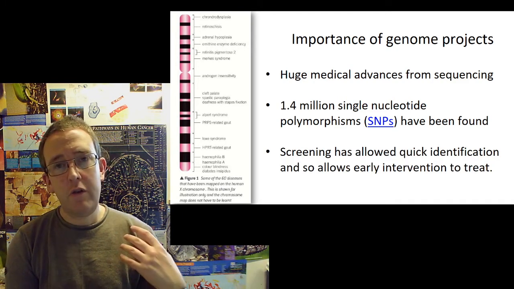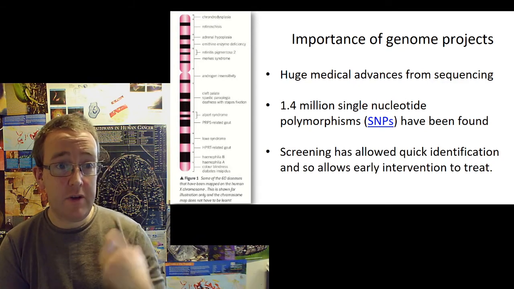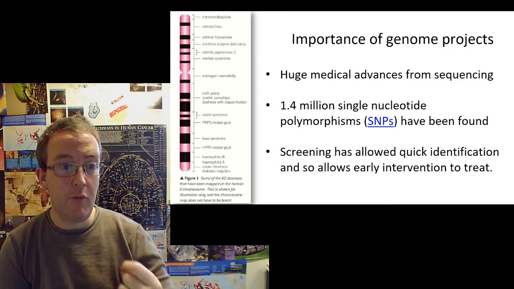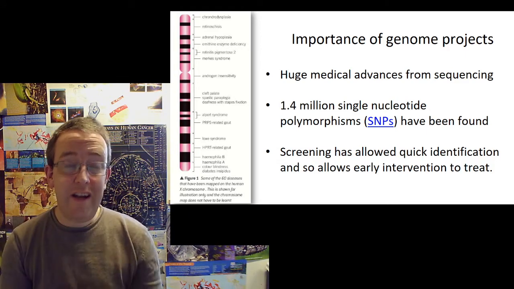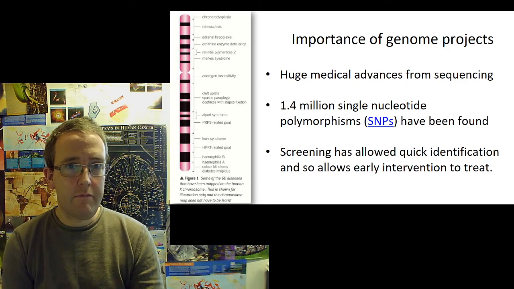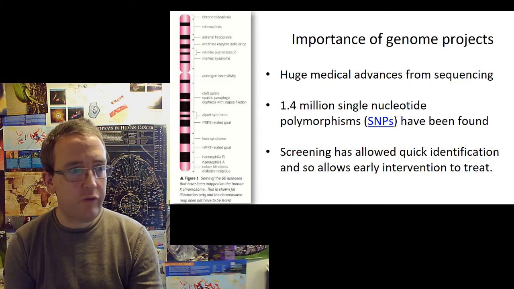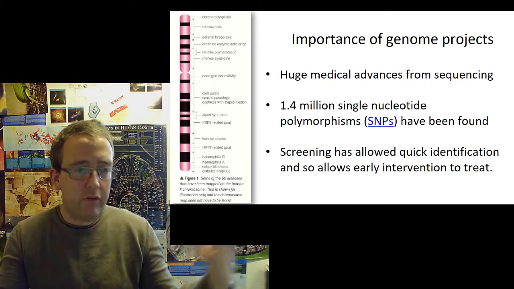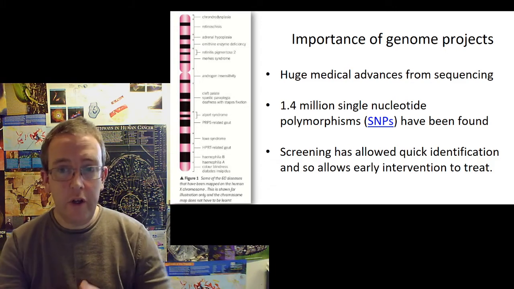Once we know which single nucleotide polymorphisms are relevant to which diseases, it's quite easy then to look for those polymorphisms in embryos, fetuses, in parents, in adults, and look for what they might either have or pass on to their offspring.